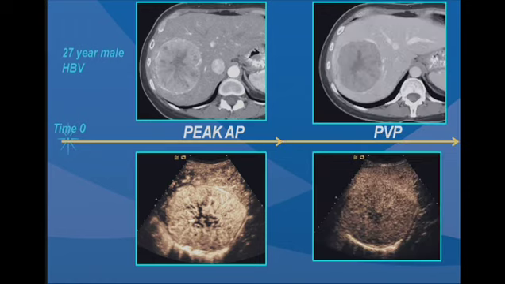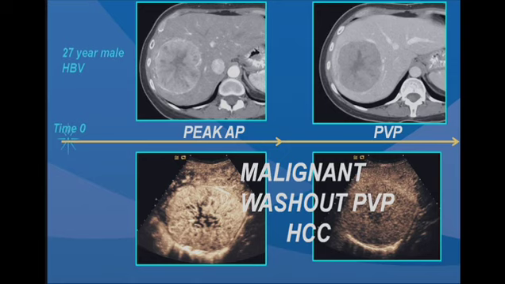If we look in the portal venous phase, however, on both imaging, again we see a concordant result with washout of the mass. So what does this mean? It means that we should be suspicious this is a malignant mass, and the washout in the portal venous phase is what is telling in this regard, and this is a biopsy-proven hepatocellular carcinoma.